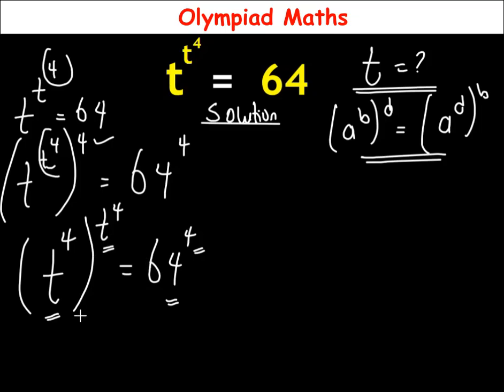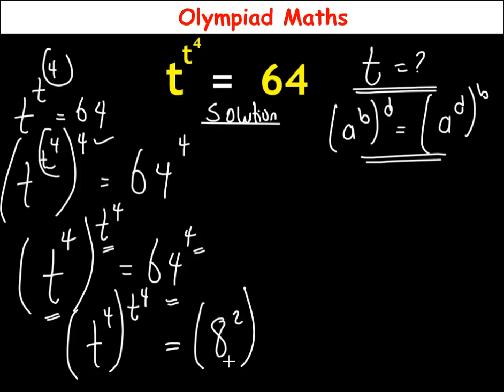Now to do so, we have in brackets t raised to power 4, all power of t raised to power 4, is equal to, now 64 can be written as 8 times 8, so 8 squared gives 64, then all power of 4.